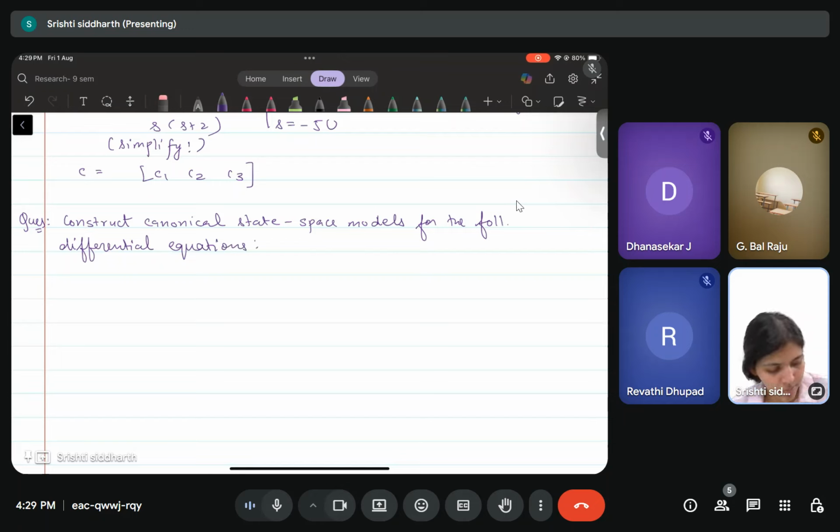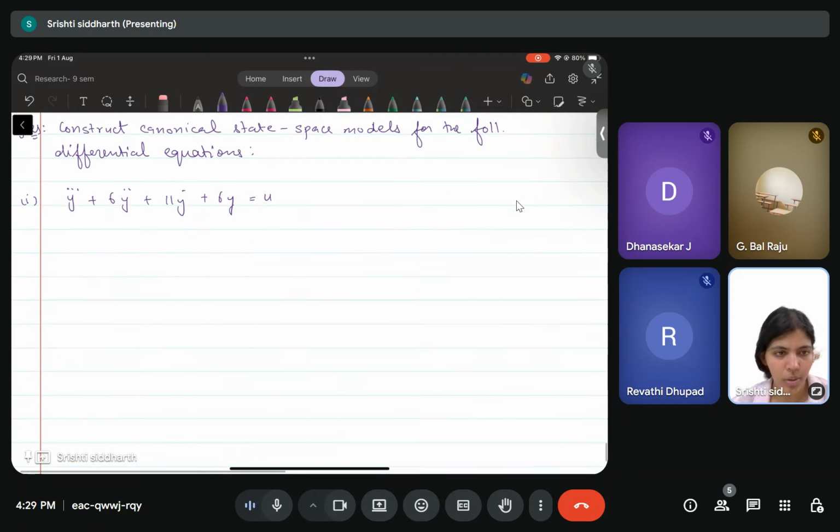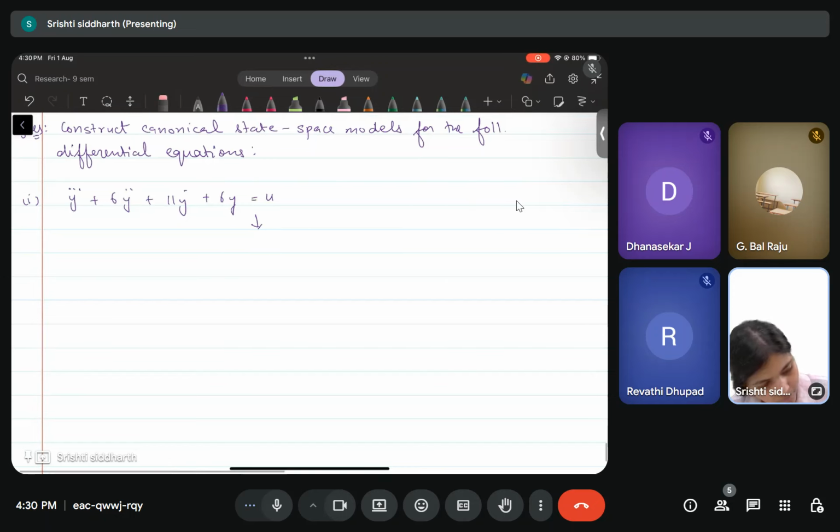So the first one is the third derivative of y plus 6 times the second derivative plus 11 times the first derivative plus 6y equals u. So we saw in the last week's session that we can convert it into the s domain by Laplace transform, assuming zero initial conditions.